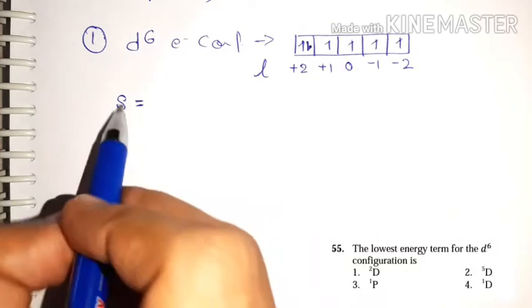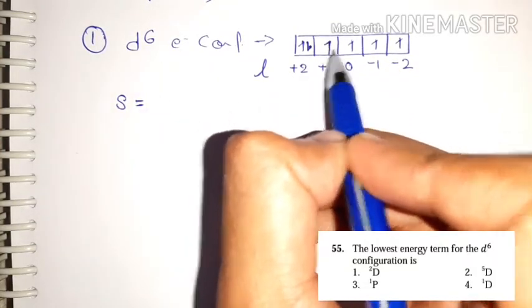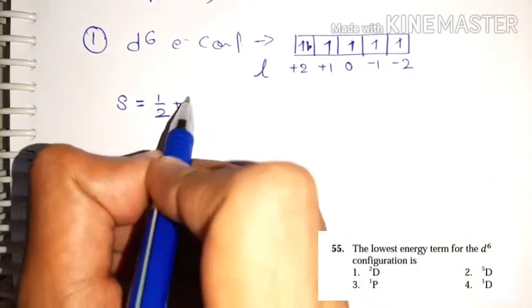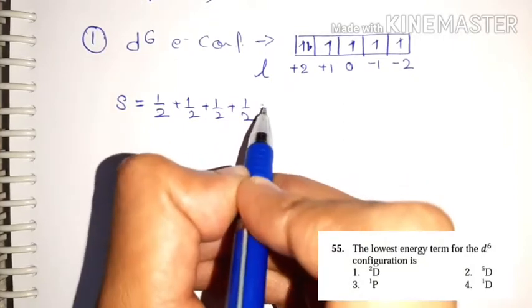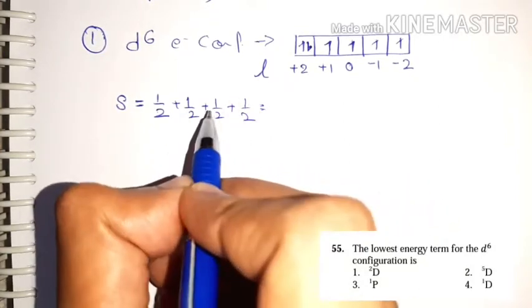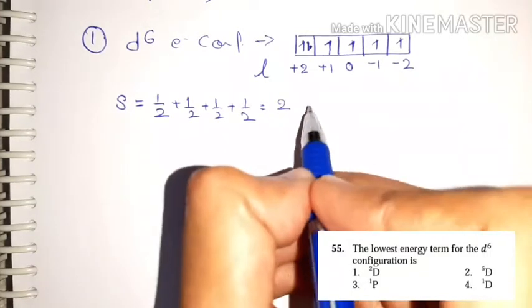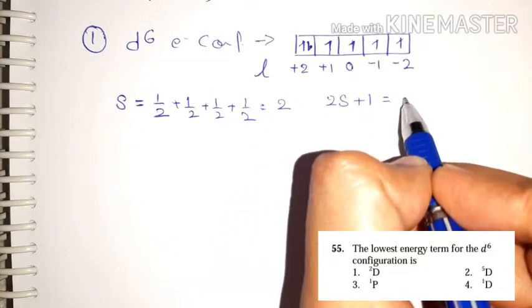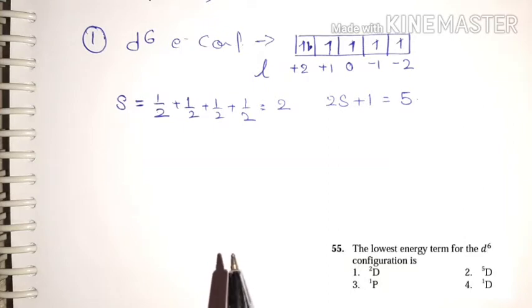Now we conclude as for these 4 unpaired electrons, the spin of each is half. So half plus half plus half plus half. When you sum all of these, the value of S is 2. So the value of 2S plus 1 will be 2 multiplied by 2 plus 1, that is 5. So the value of 2S plus 1 is equal to 5.